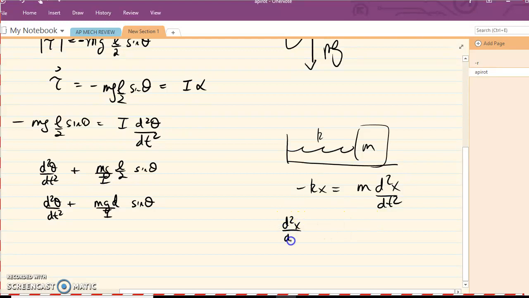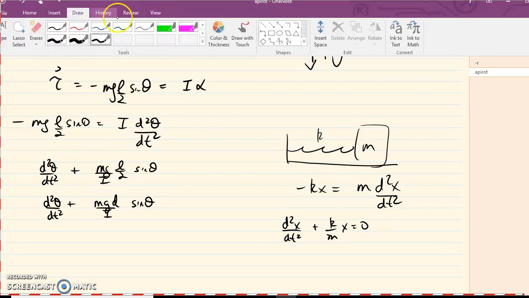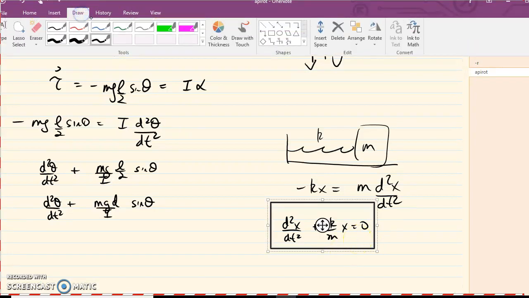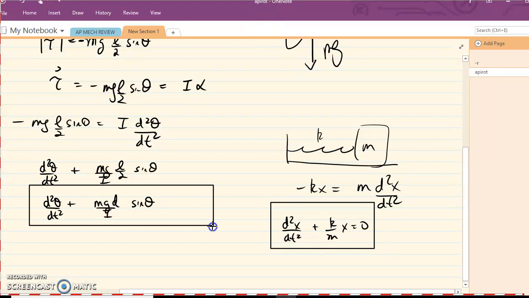You get the second derivative of x plus k over m x equals 0. And the conclusion we drew from this particular case in class is that the solutions to this expression are given by trig functions, sines or cosines. And we're missing an equals 0 here on this side, so I came up short there. It should be equals 0.